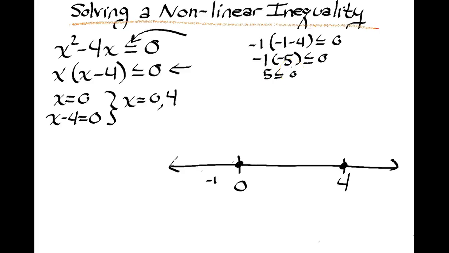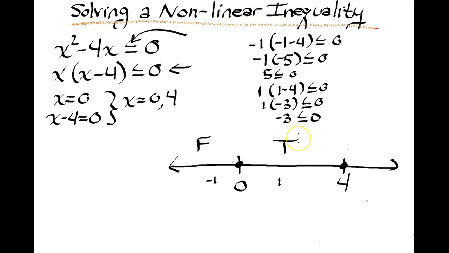So that makes this false. Let's go ahead and choose a test point here. I'm going to choose an easy one. I'll do 1. So I have 1 times 1 minus 4 is less than or equal to 0. 1 times a -3, which is a -3, less than or equal to 0. Yeah, -3 is less than or equal to 0, so this region's true.